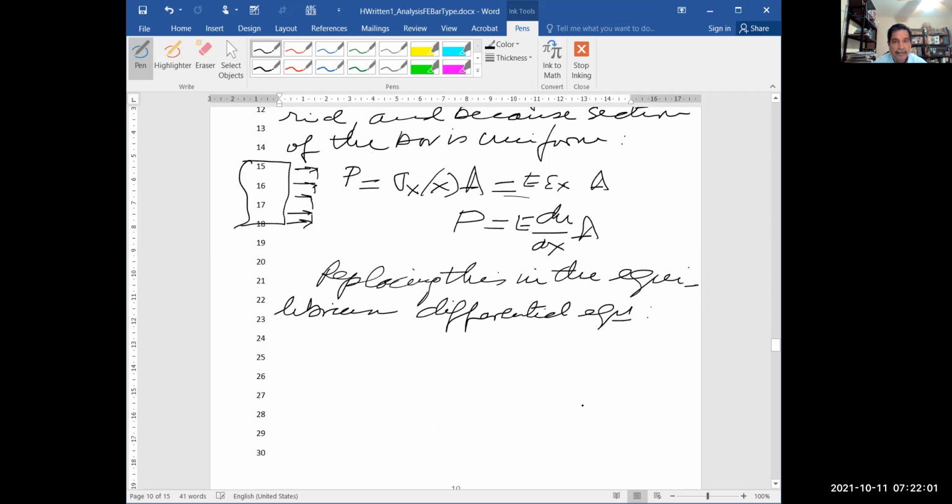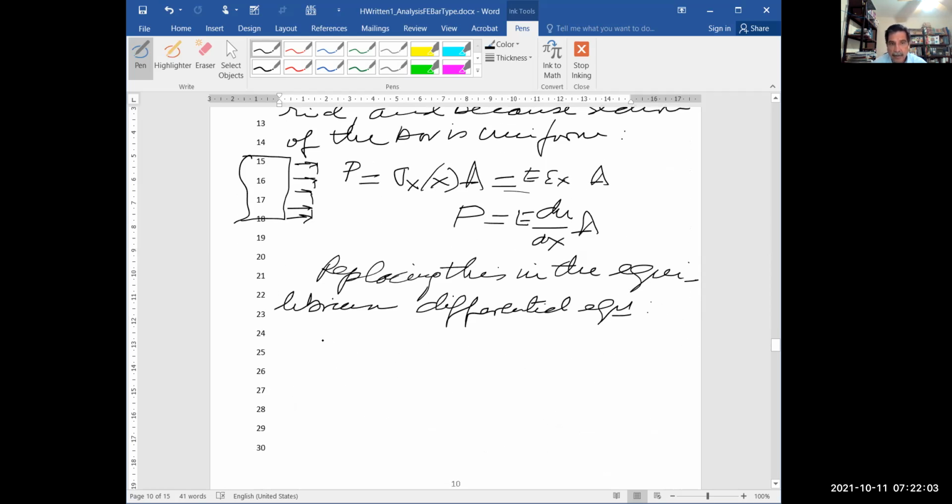So this is what we have there as a result. So this is EA, the second derivative of U with respect to x, and this is going to be equal to minus f of x. So this is the equation that we can use in order to solve these problems. This is second order.